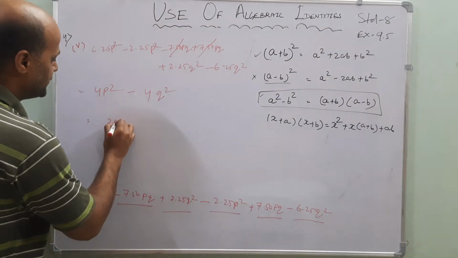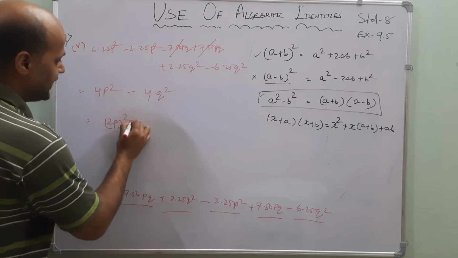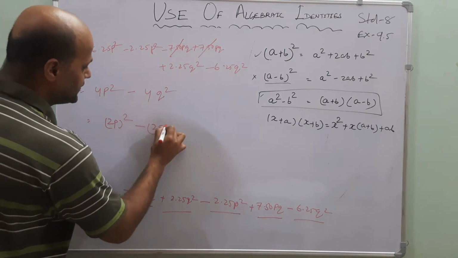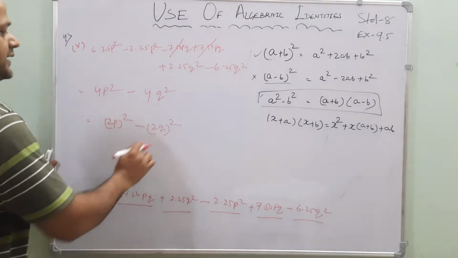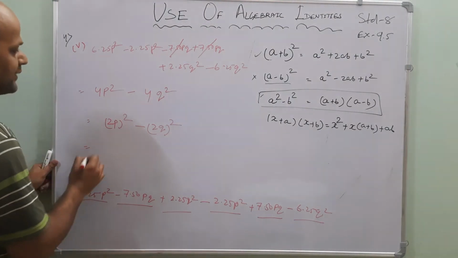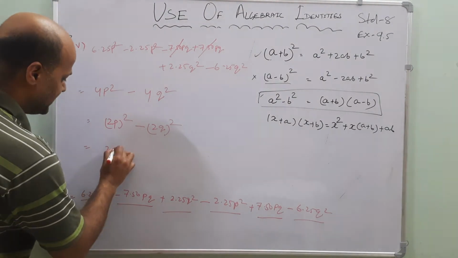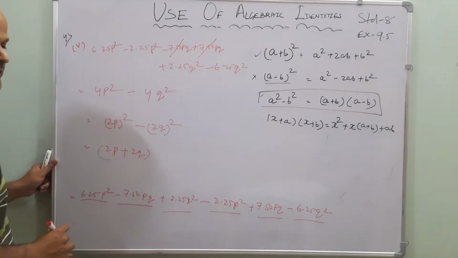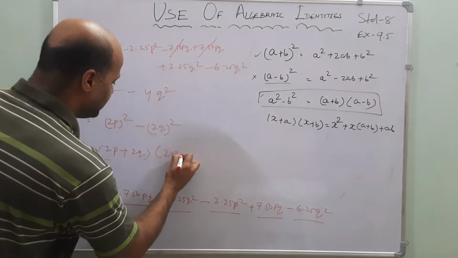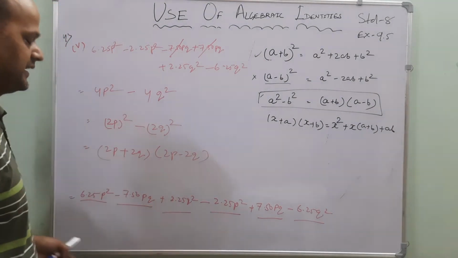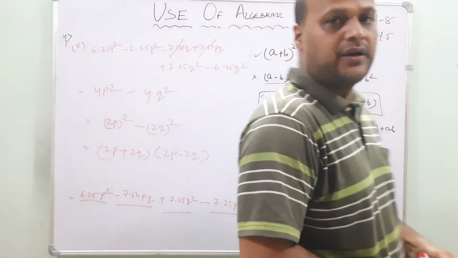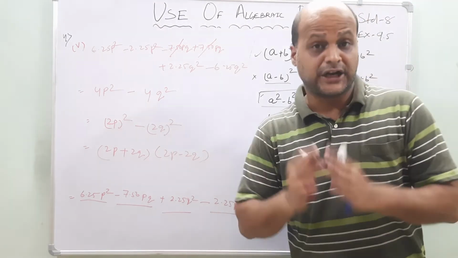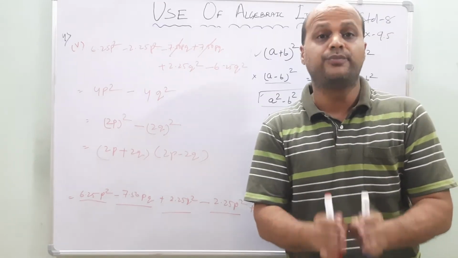Yes, 2p whole square minus 2q whole square. This is a square minus b square. What is a square minus b square? Yes, a plus b into a minus b. This is the answer we will get after solving the biggest problem, but that problem must be done by you very carefully.